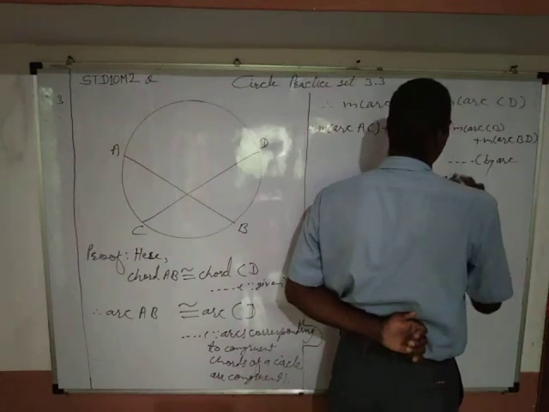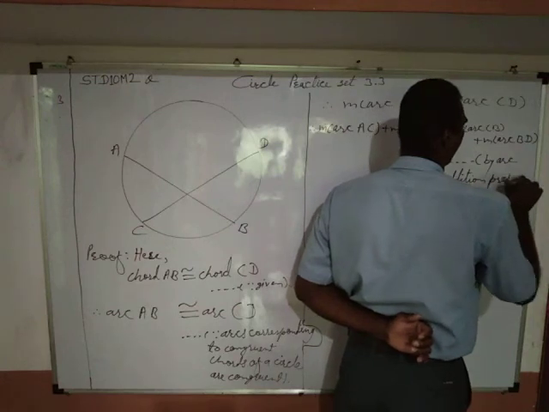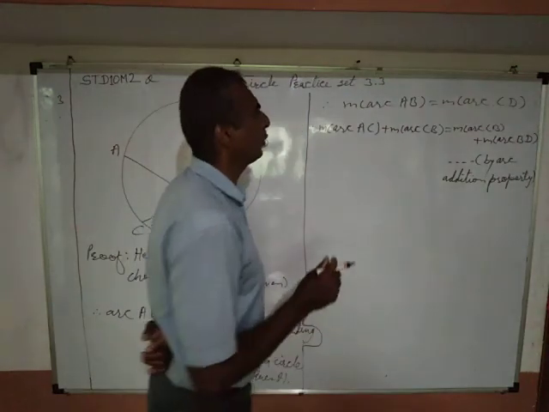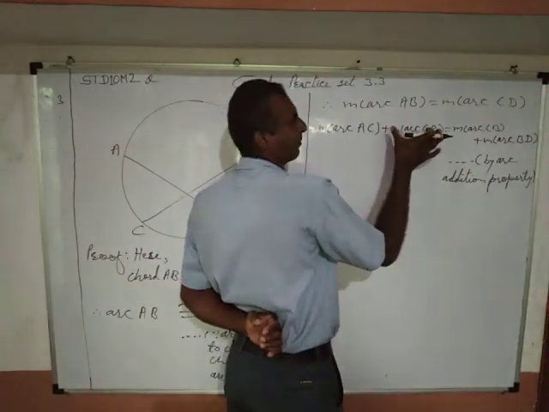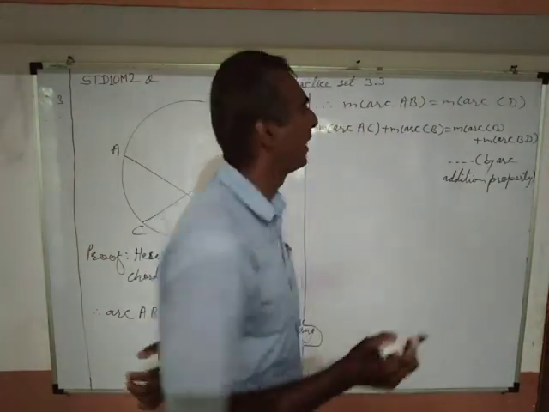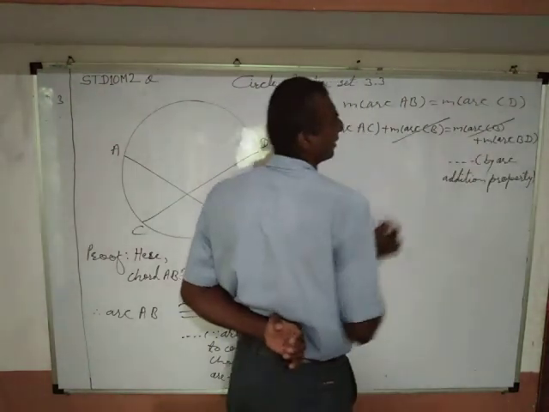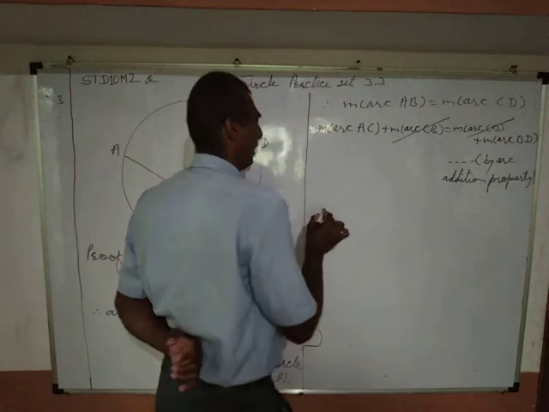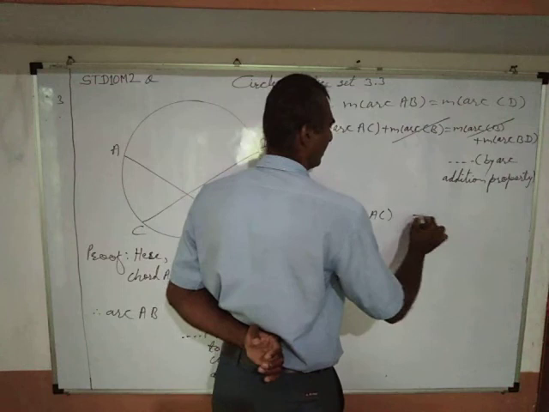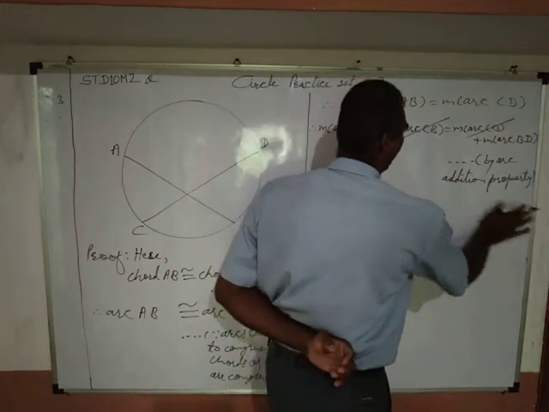By arc addition property, or arc addition axiom. Now here you may note measure of arc CB at LHS as well as measure of arc CB at RHS. We may cancel these measures of arc CB, and therefore measure of arc AC equals measure of arc BD.